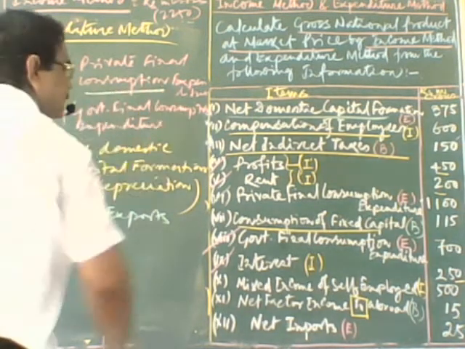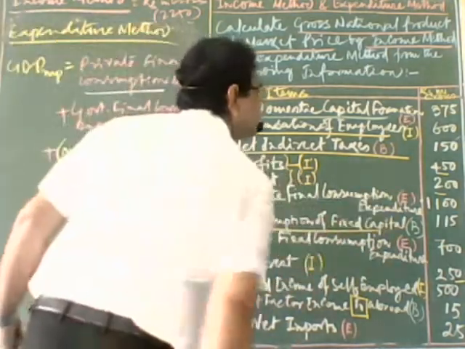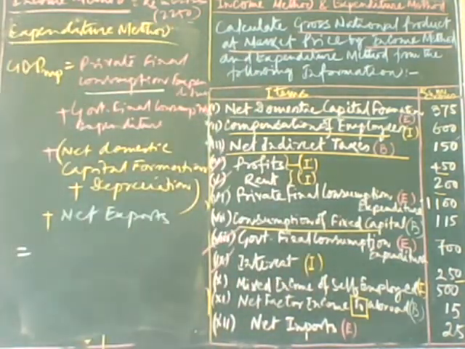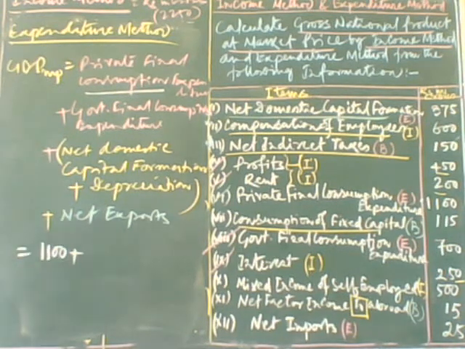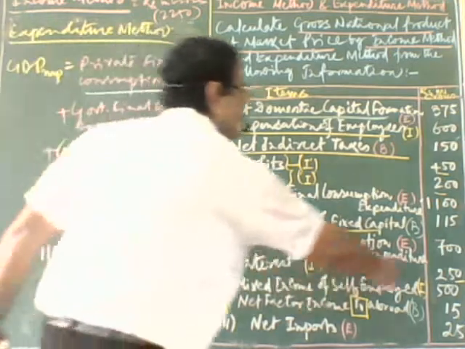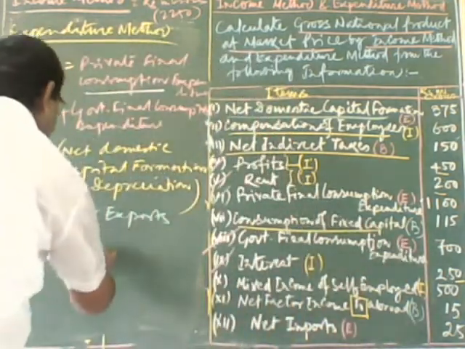The private final consumption expenditure is 1,100, plus government final consumption expenditure, 700.